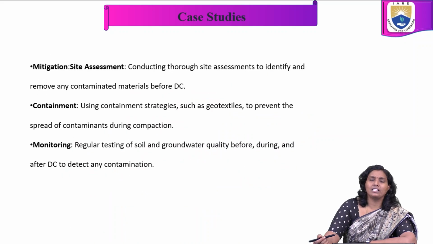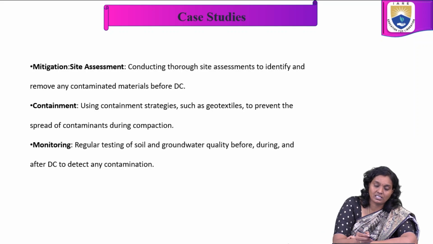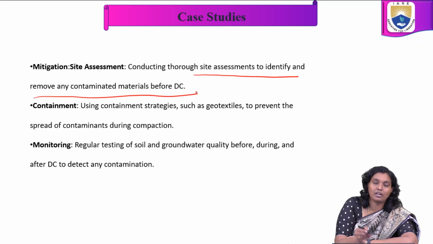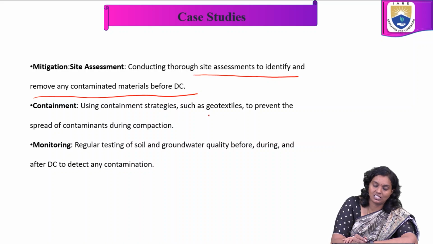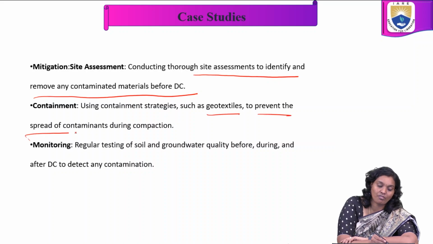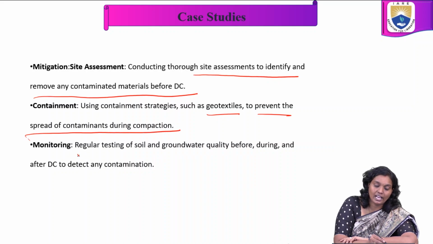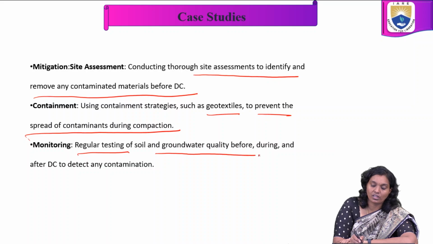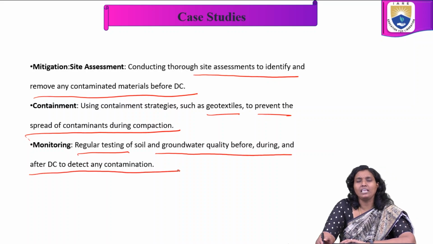For reducing these effects: conduct a thorough site assessment to identify and remove any contaminated materials before dynamic compaction. Use containment strategies such as geotextiles to prevent the spread of contaminants during compaction. Monitoring: regular testing of soil and groundwater quality before, during, and after dynamic compaction to detect any contamination.